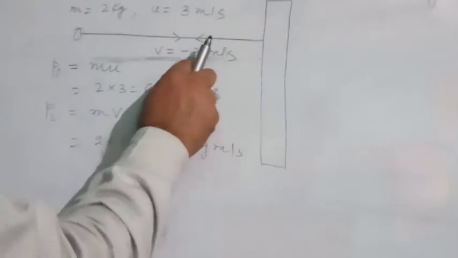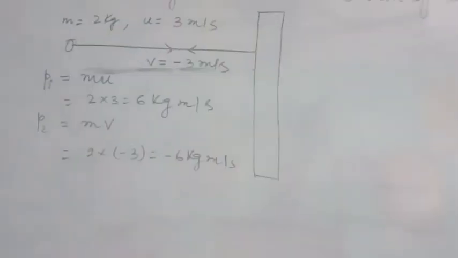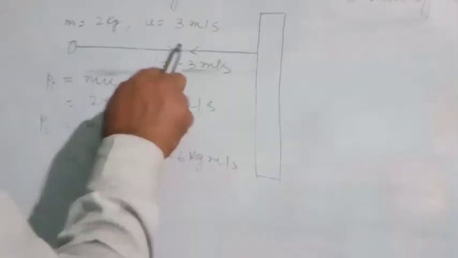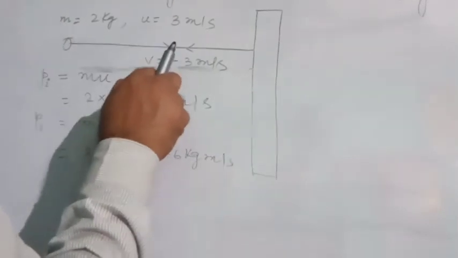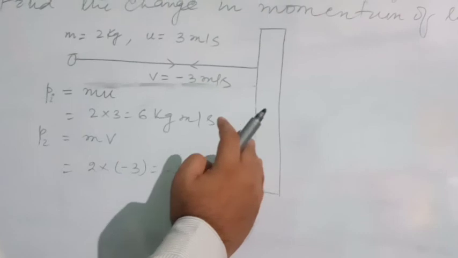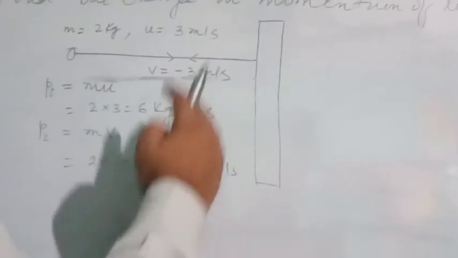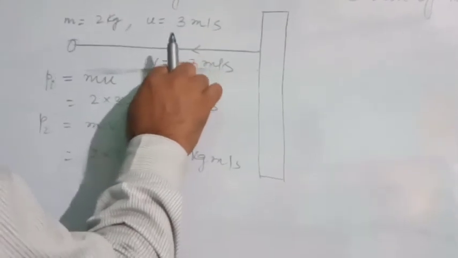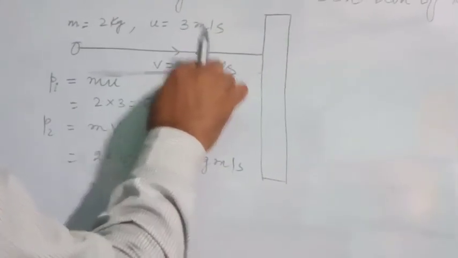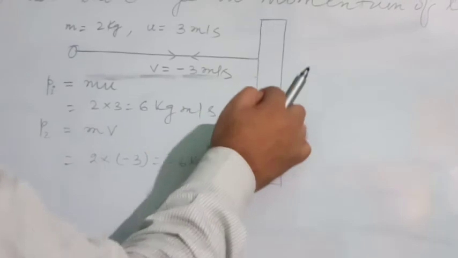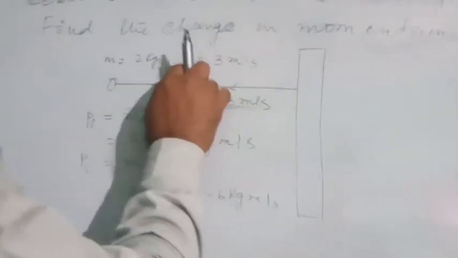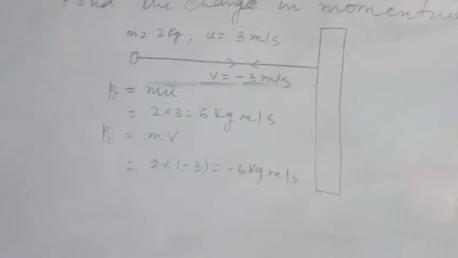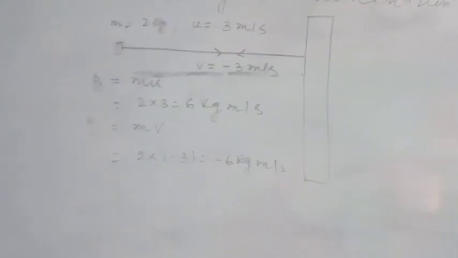The negative sign shows that after striking the wall, the velocity of the ball is 3 meter per second, but its direction is just opposite to the direction of the initial velocity, because velocity is a vector quantity.